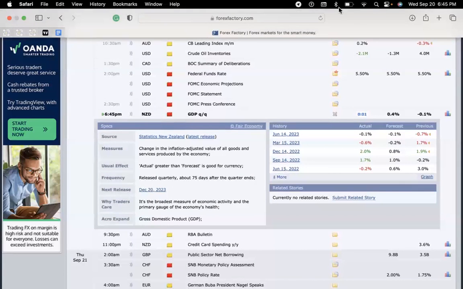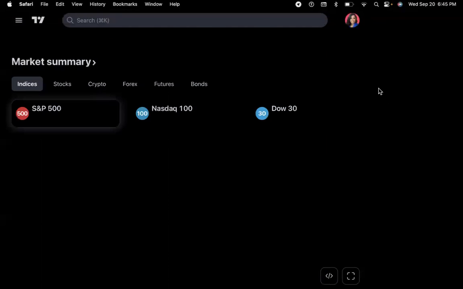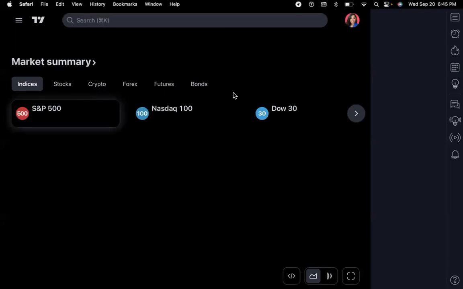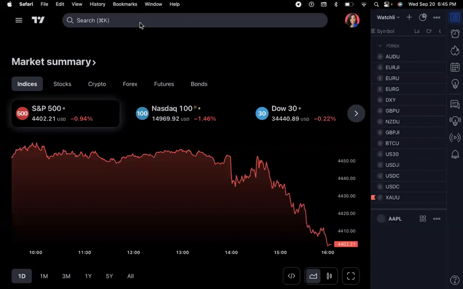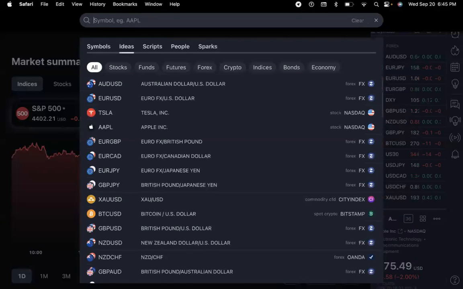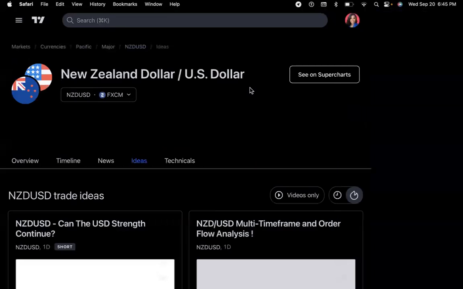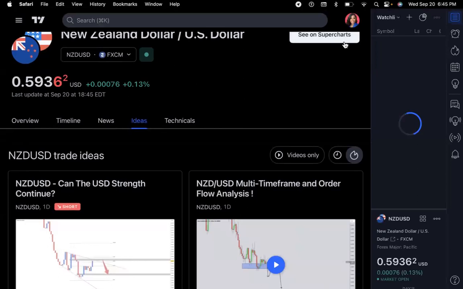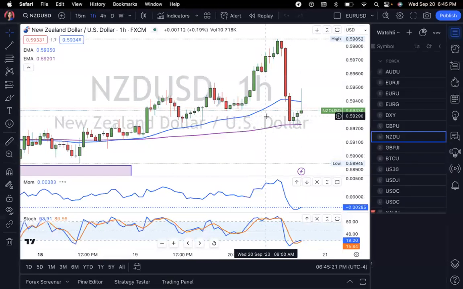So we're going to see what actually happens to NZD USD as that news comes out. TradingView is the website that I use for most of my trading analysis. But I am going to get back to Forex Factory just to show you guys how you can actually look at the charts there as well.